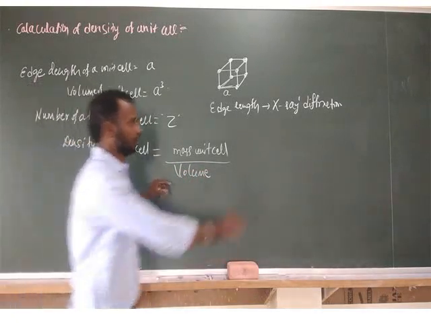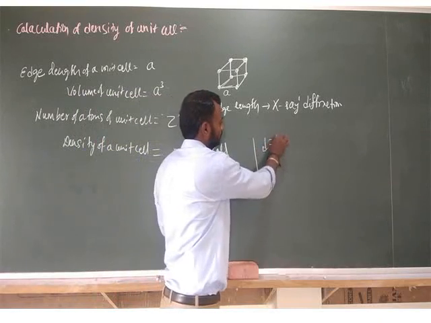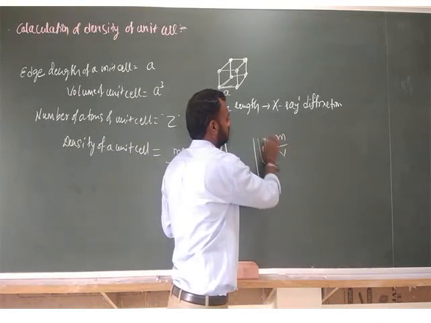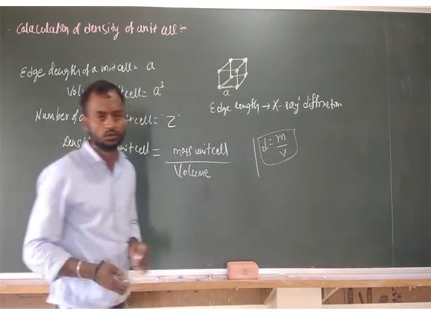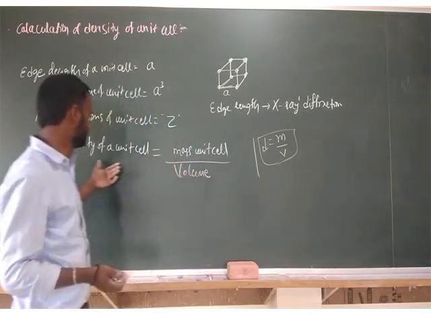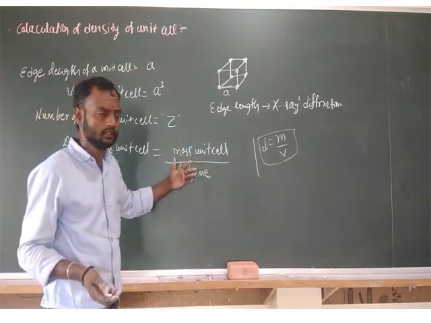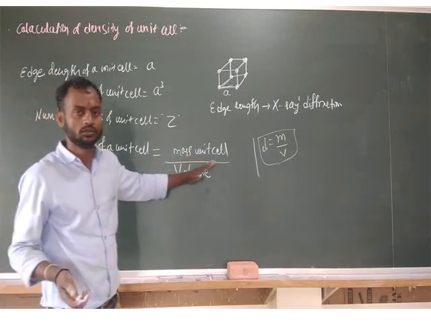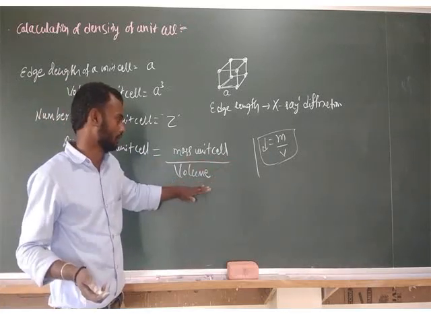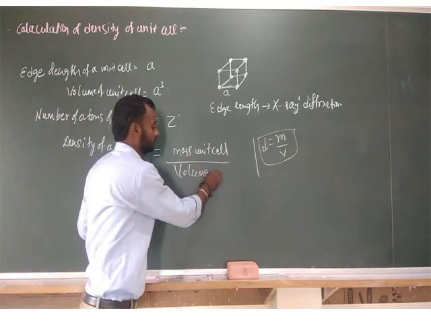You know that density d is equal to mass divided by volume. So taking the unit cell, density of a unit cell is equal to the mass of the unit cell divided by the volume of the unit cell.